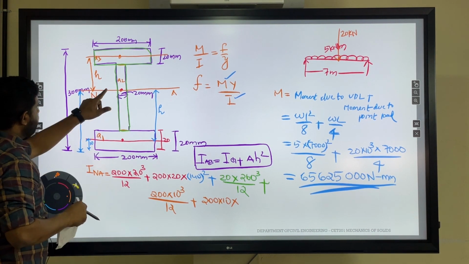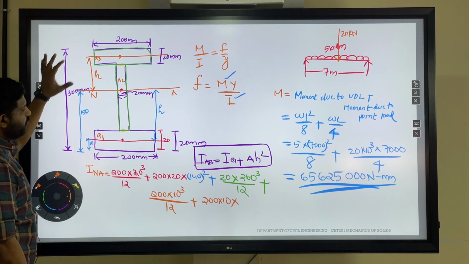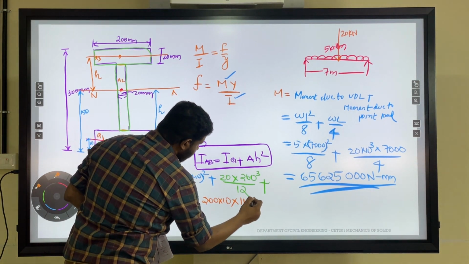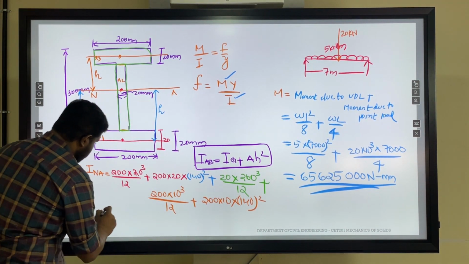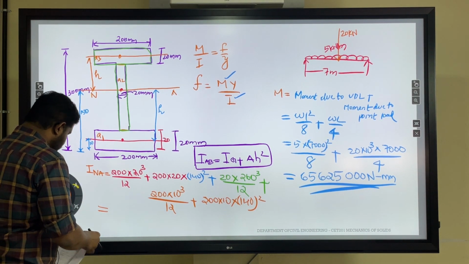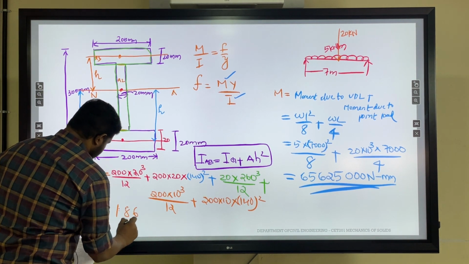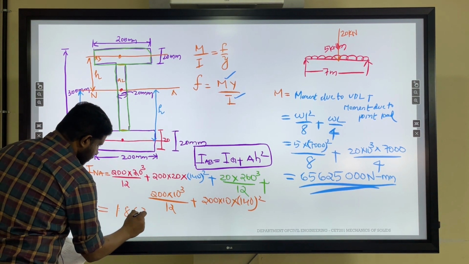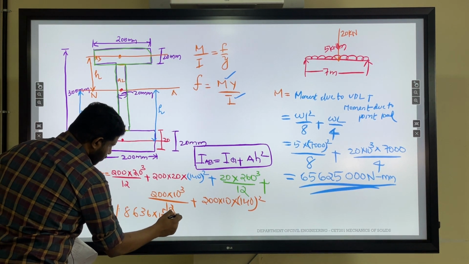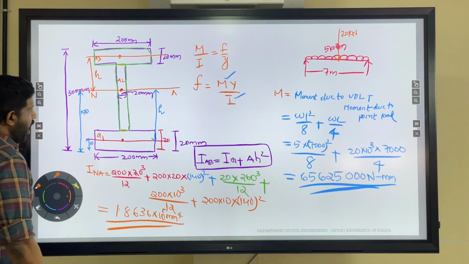We know that from here to top it is 150, and this value is 10 to the centroid. So 150 minus 10 gives 140, the whole squared. Adding all those values, the moment of inertia for the section will be 1.8636 into 10 raised to 8 mm to the power 4. So this is the I value.